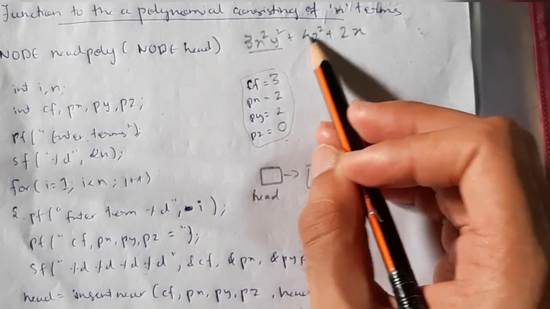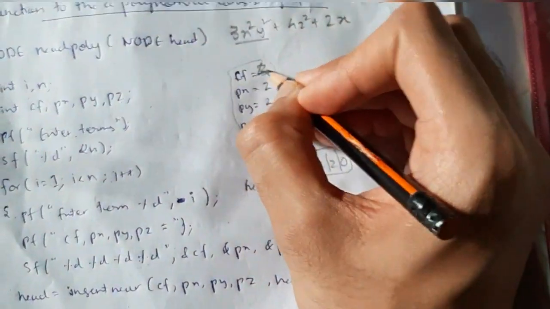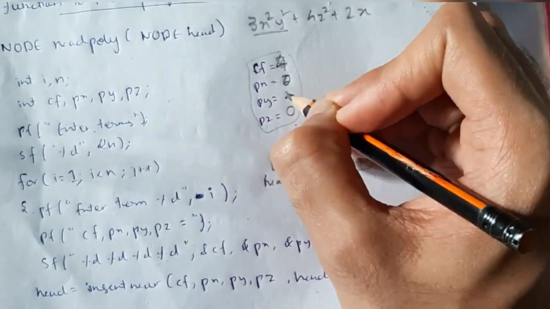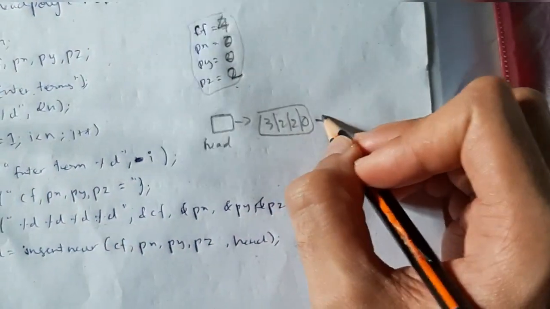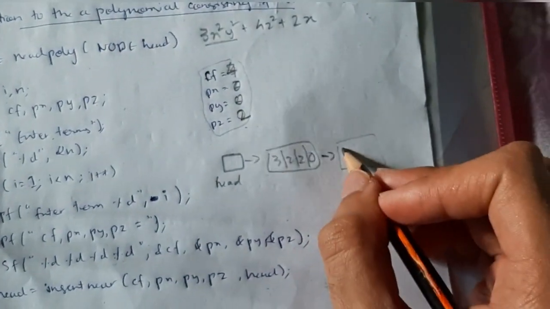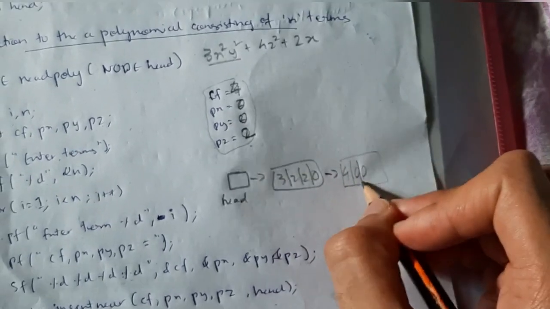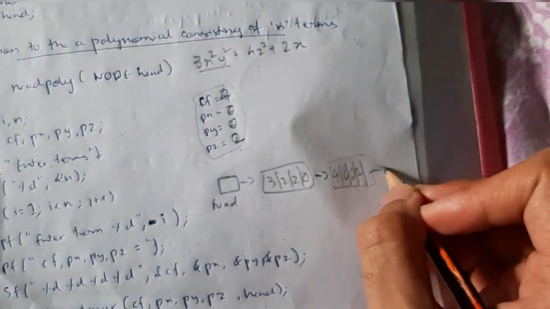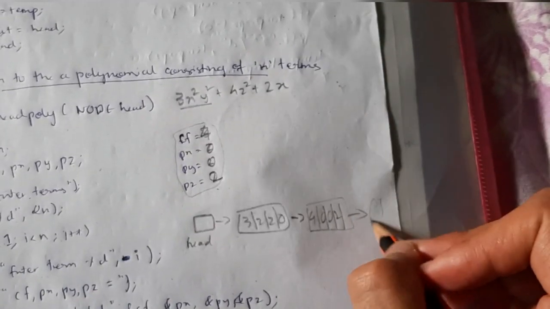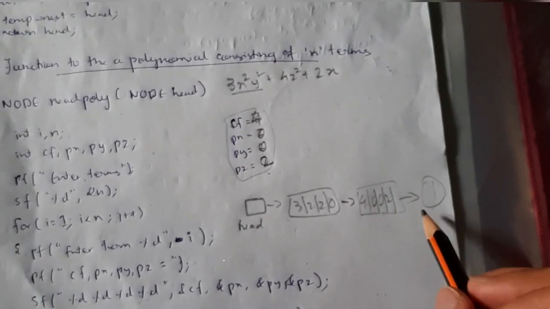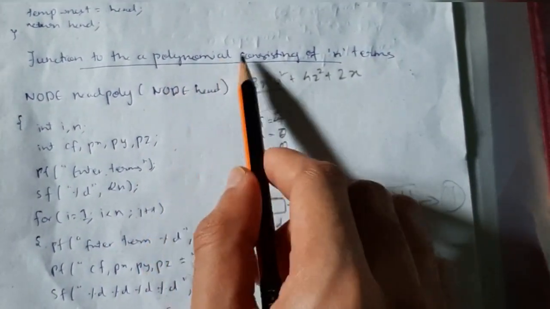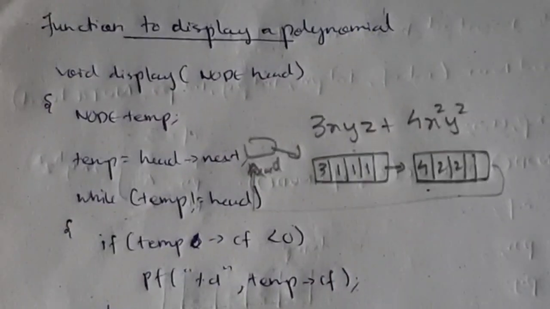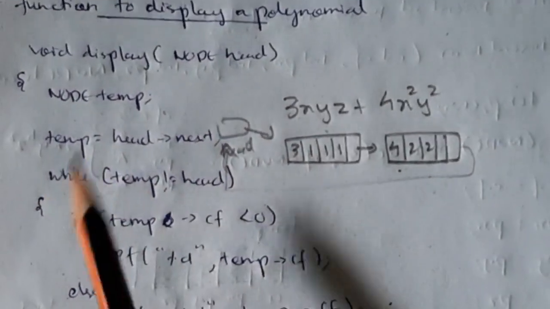The second term is 4 z square, so the coefficient will be 4 here, this will be 0, and this will be 2 here. According to this another term will be created and assigned here. In that way all the nodes will be assigned, and at last 2x is there, so the 2x node will be assigned here, and in that way you can read a polynomial consisting of n terms. Okay, for displaying the polynomial, you will start from here.